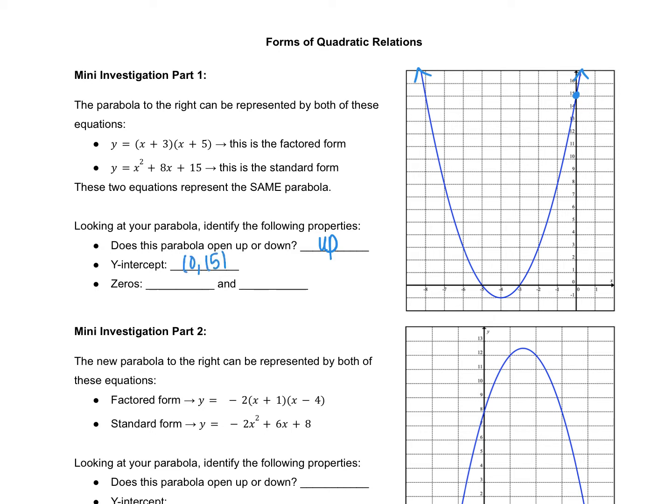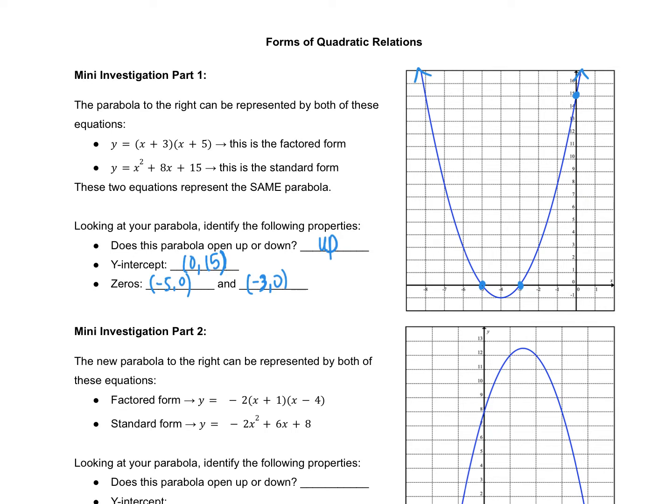And our zeros, or our x-intercepts, are right here on the x-axis, so that's (-5, 0) and (-3, 0).